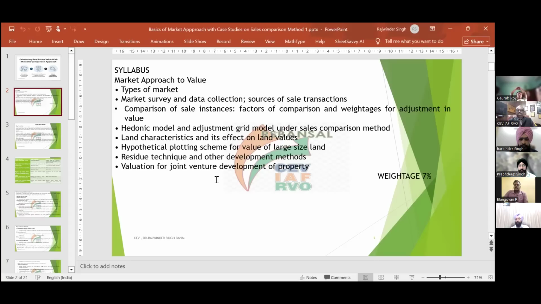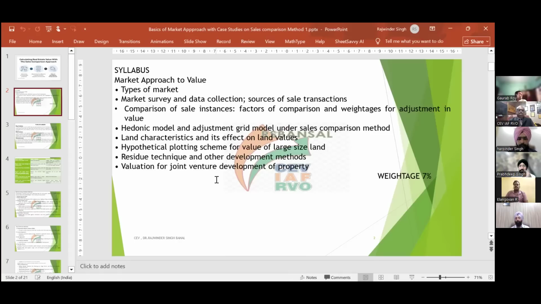Then when you do not have enough data, or there are some circumstances where you cannot use the data you have collected, then you have to use certain methods which are part of market approach. So you cannot directly apply market approach there. Here you have to do certain things before applying the market approach.